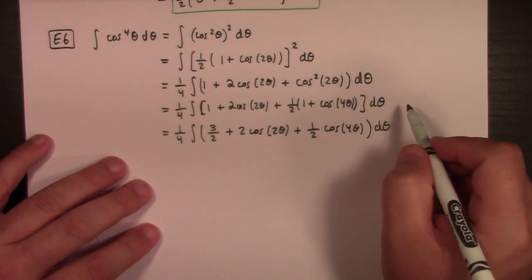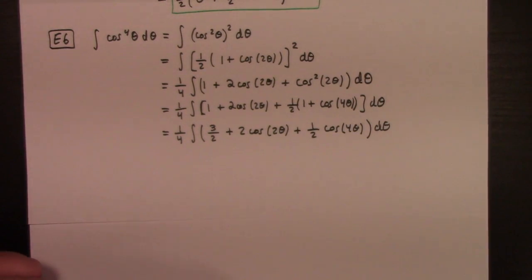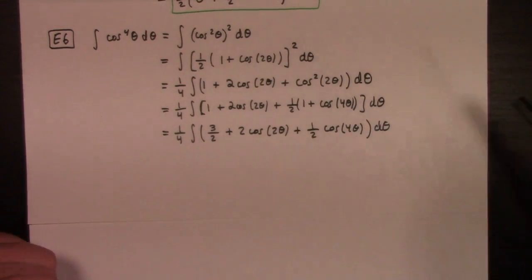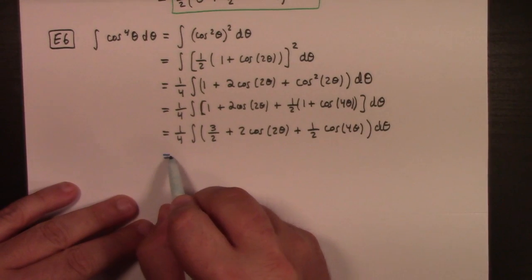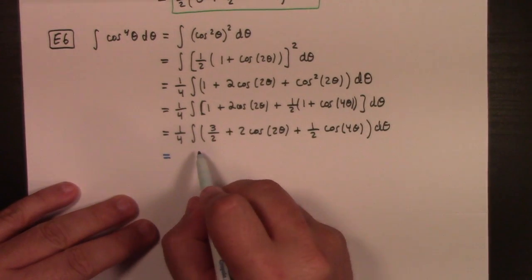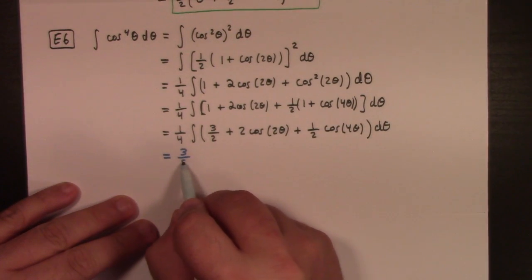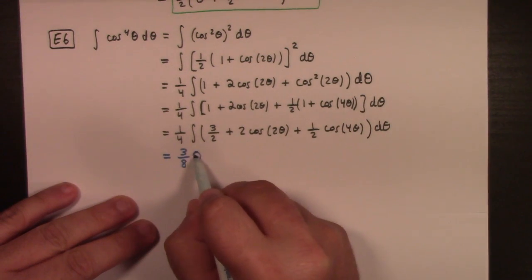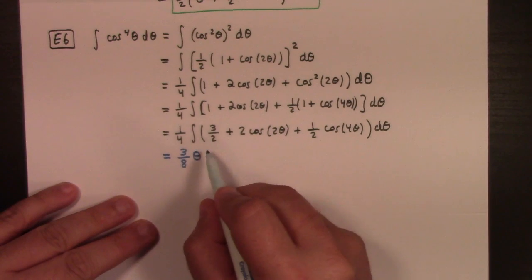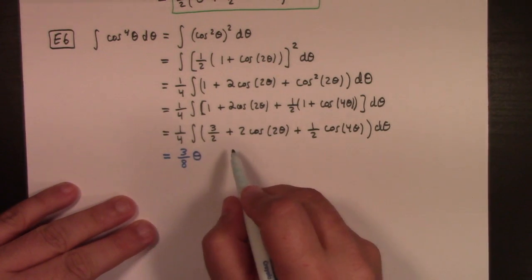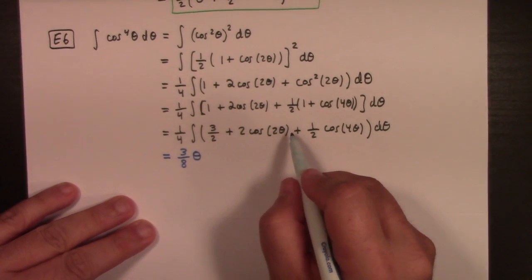d theta, and now I will do the integration, and I will foolishly attempt to multiply the 1/4 through at the same time, because I don't know better. All right, so this is going to give me 3/8, and d theta integrates to theta. 2 over 4 is 1/2, right? But cosine pulls down another half from the u substitution, because it's cosine 2 theta.